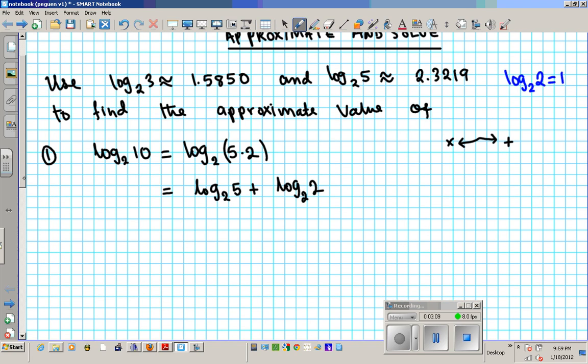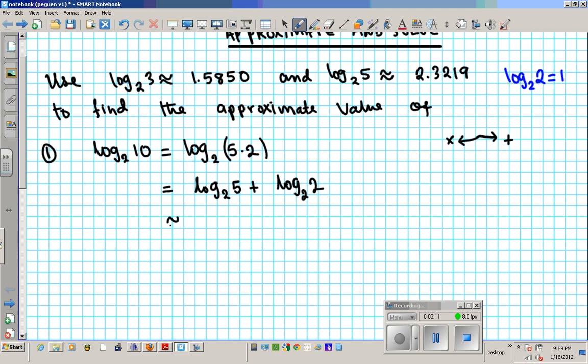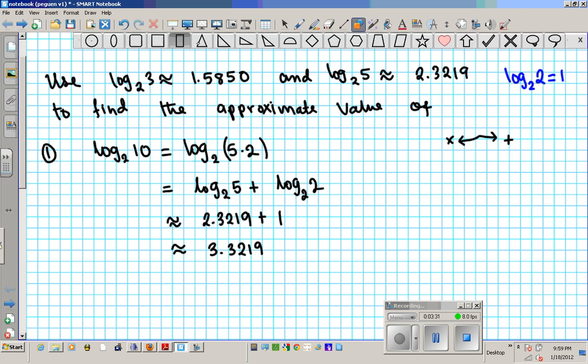Now I can put in the approximate values. Log base 2 of 5 is approximately 2.3219, and log base 2 of 2 is 1. The final approximate result is 3.3219. Alright, so there goes the answer.